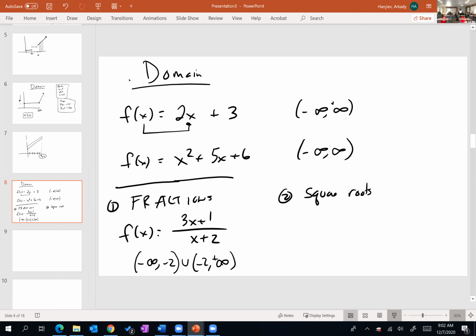Another way to write it is to say all real numbers except x equals -2. You're saying all these numbers work just fine because it's a fraction, except that -2 is going to cause our problem.